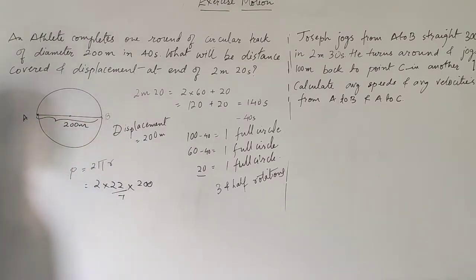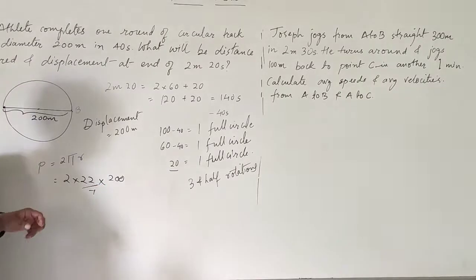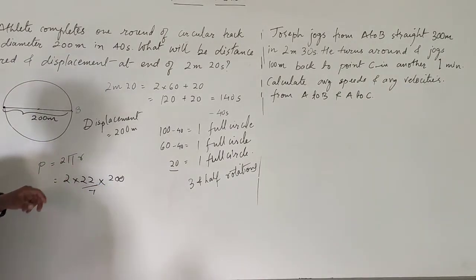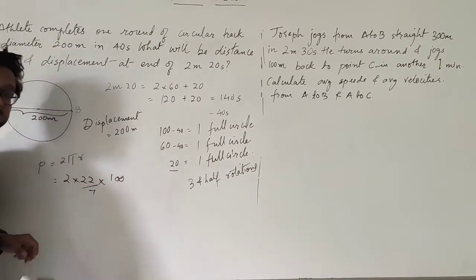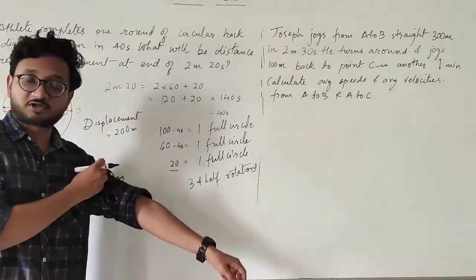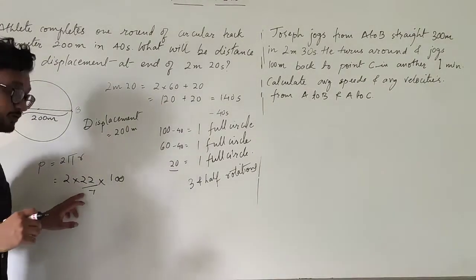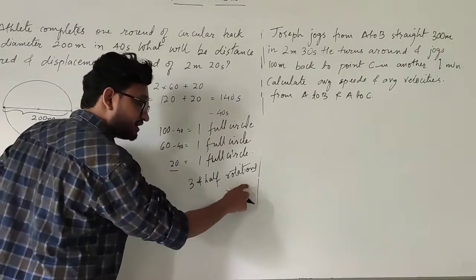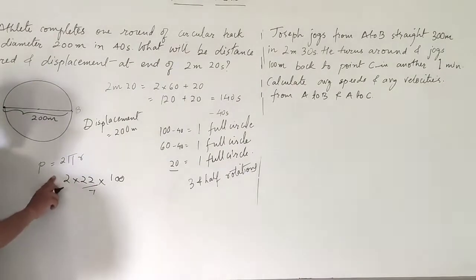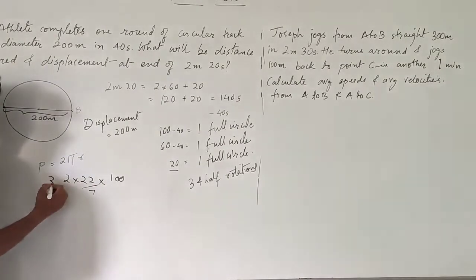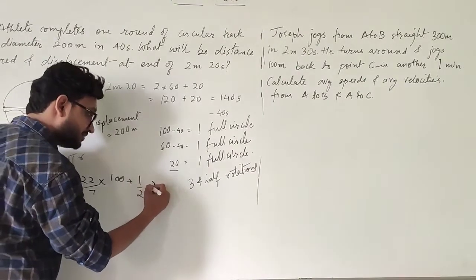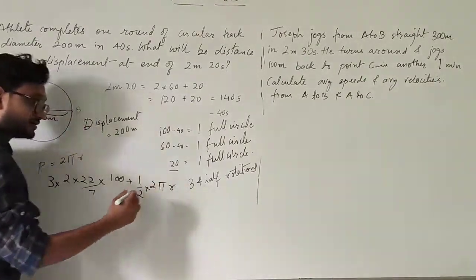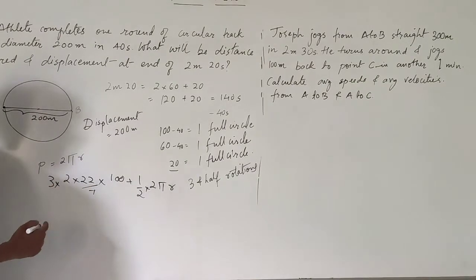Over here we have to take the radius, not the diameter, for the perimeter of the circle, and this is for only one circle. We have 3.5 rotations, so we multiply this by 3 and add one extra half of the perimeter, that is 2 pi r. We substitute the values once again.